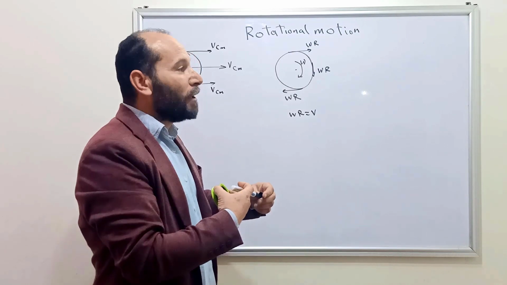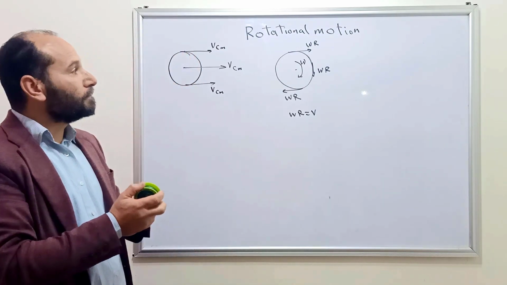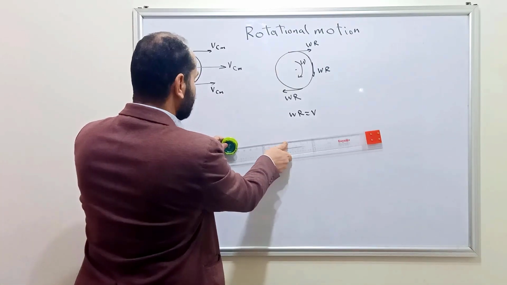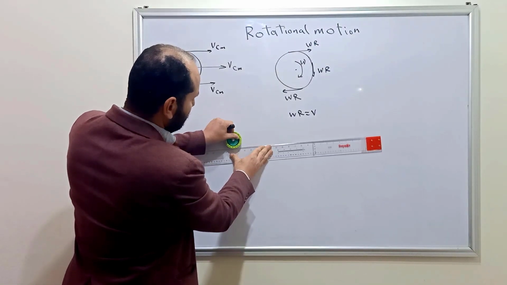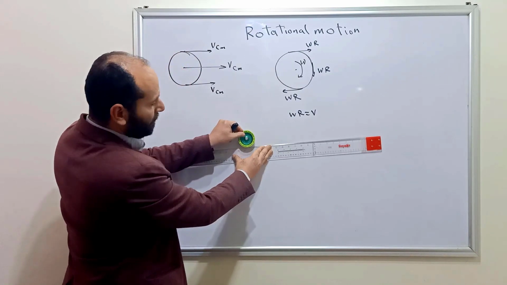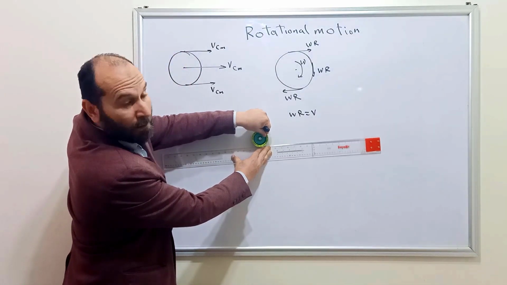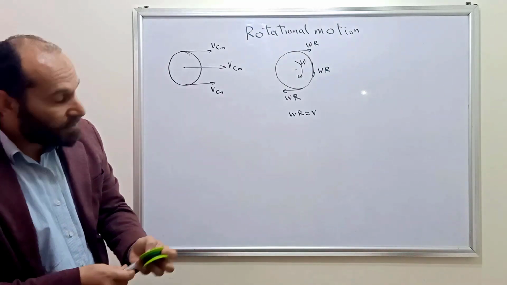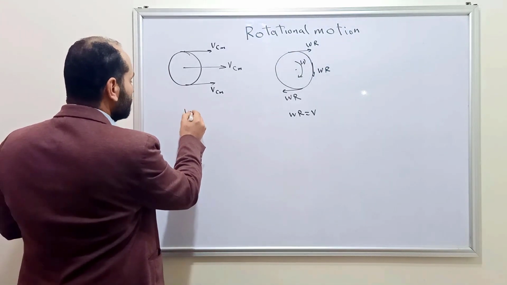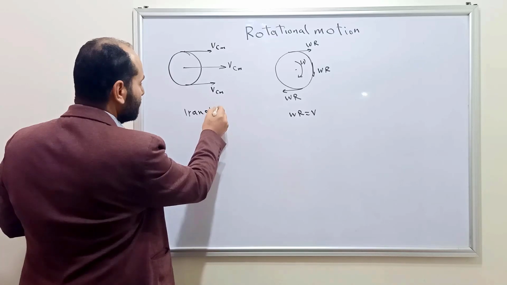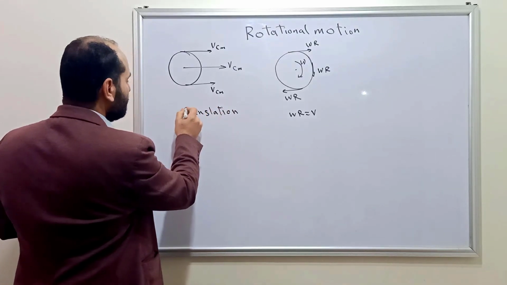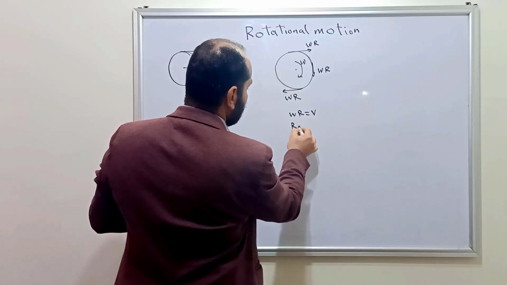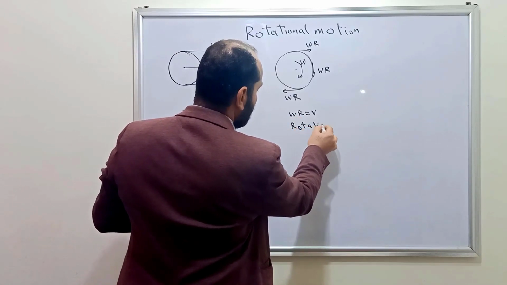If the body is rolling like this, the body has translation motion and rotation motion.